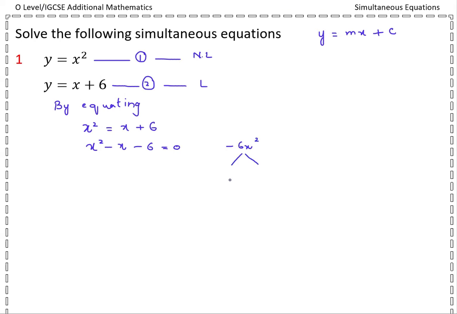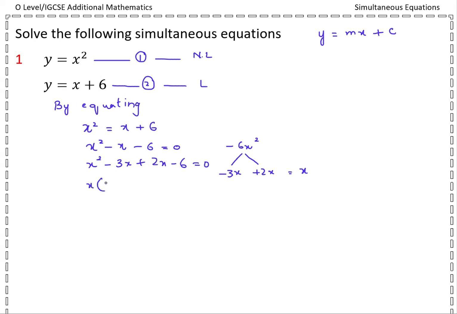And the factors of minus 6 are 3 and 2. When we subtract these two, we will get x. As x is negative, we have to write the negative sign with the greater number. So the factors are minus 3x and 2x. In place of minus x, we will write minus 3x plus 2x minus 6 is equal to 0.